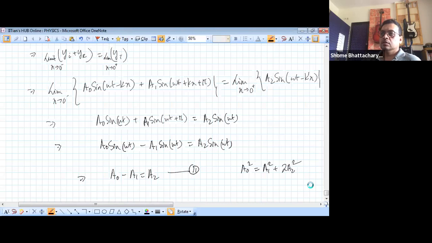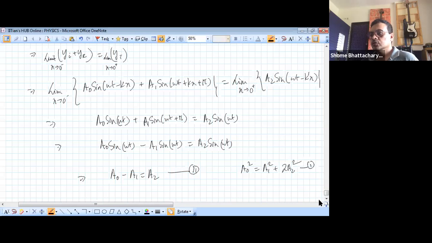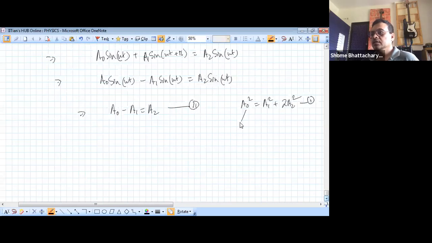Okay, so now solving these, we'll get the amplitudes. So we get here that E0 square is equal to E1 square plus 2E2 square, or let's just substitute E1.